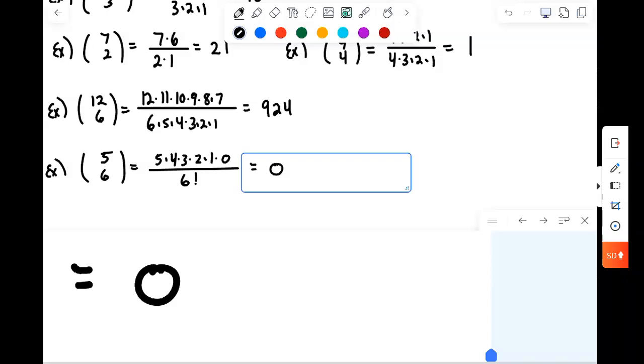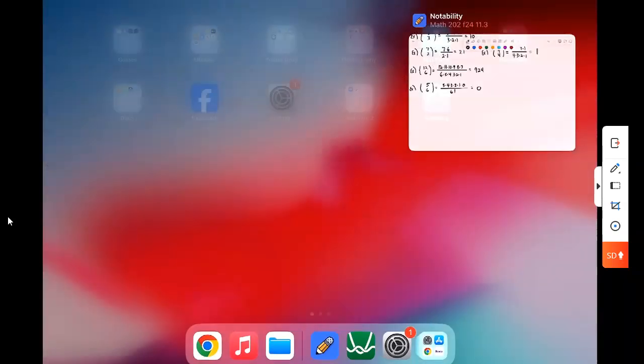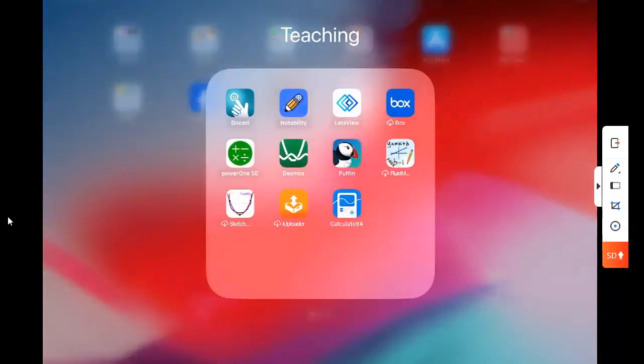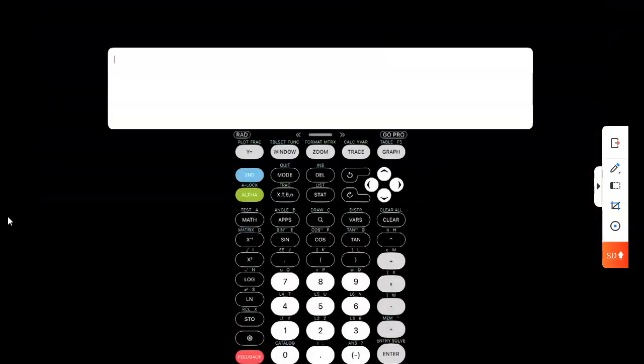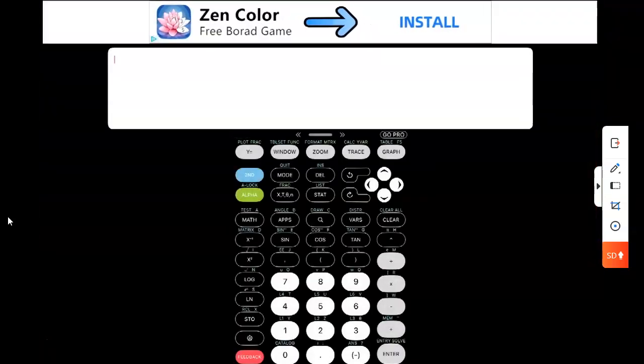Now, these binomial coefficients are also built into your calculator, at least for integer values. If you have a graphing calculator, I'm going to pull it up here. Again, I apologize for the ads.